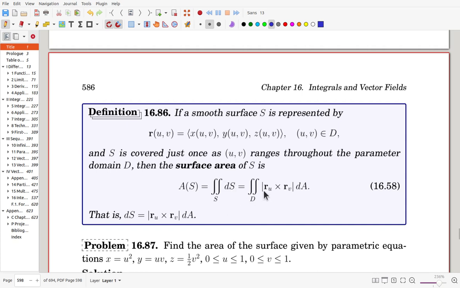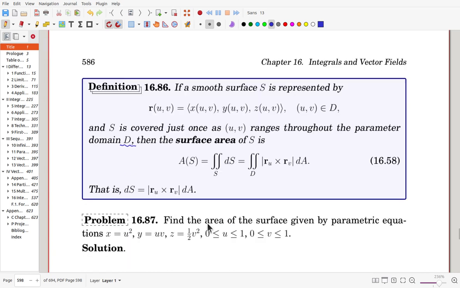Now that is, along with this surface, this scaling factor, and integral over D. And that parameterization is from the domain D. So that means that dS is the same as the magnitude of this cross product, right? So that is for calculation. By using this formula, we can evaluate the surface area. Of course, this is the limit of Riemann sums.